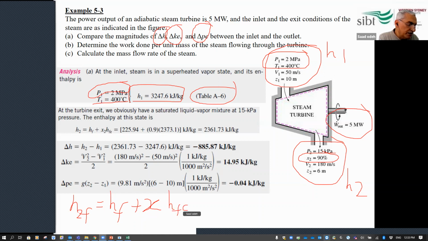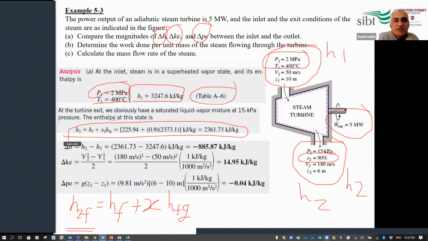This can also be gotten from tables. So if I put this in the equation, I can find the two-phase value of the exit enthalpy, h2. Okay, so this is what we did here in the second step.